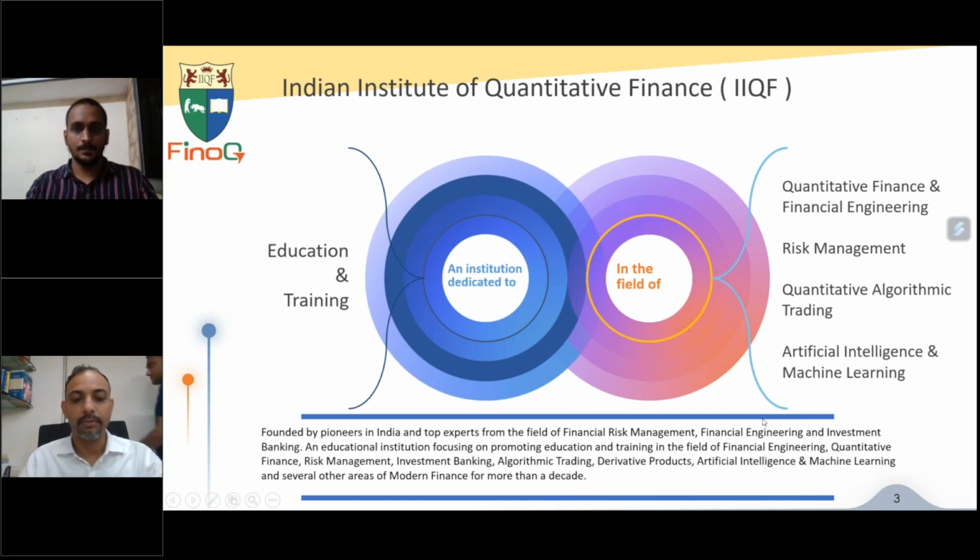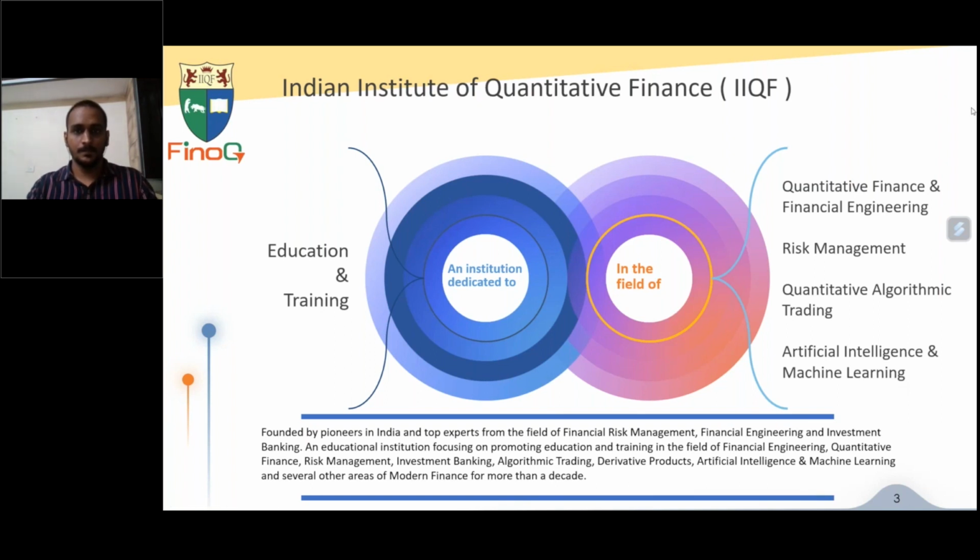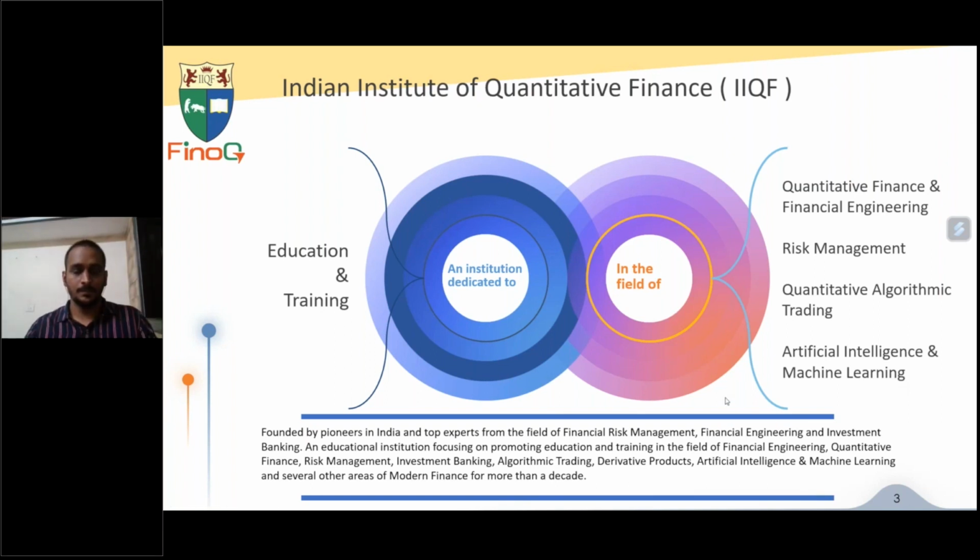We have been founded by pioneers in India in the field of financial risk management, financial engineering, and investment banking, and as an educational institution, we focus primarily on promoting education and training in financial engineering, quantitative finance, risk management, investment banking, algo trading, derivative products, and artificial intelligence and machine learning, and several other areas of modern finance.